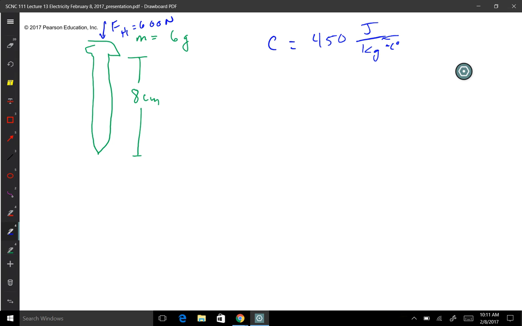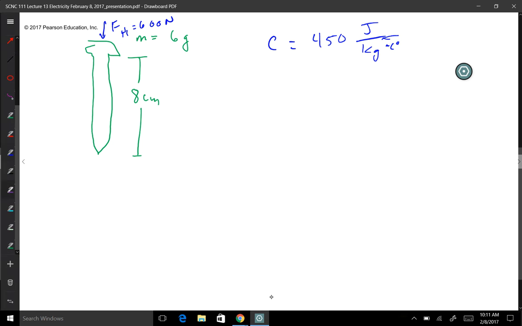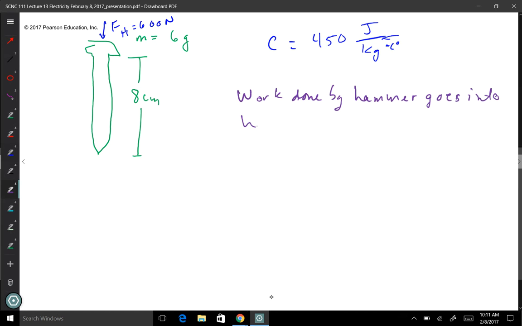So basically, our idea here is that work done by the hammer goes into heating the nail.